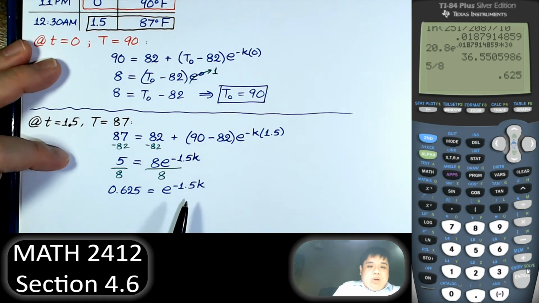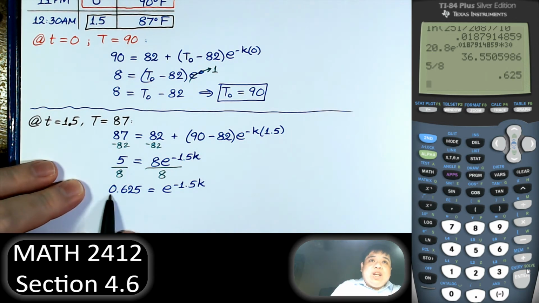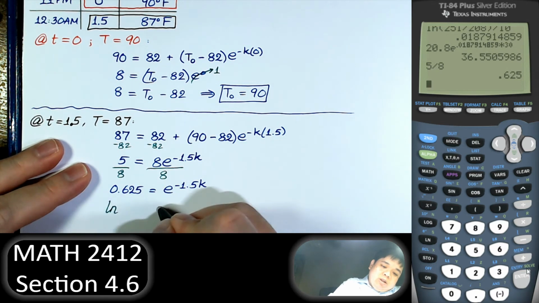Now, to solve for K, there's no way we can change this to the power of e, so we take the ln on both sides.